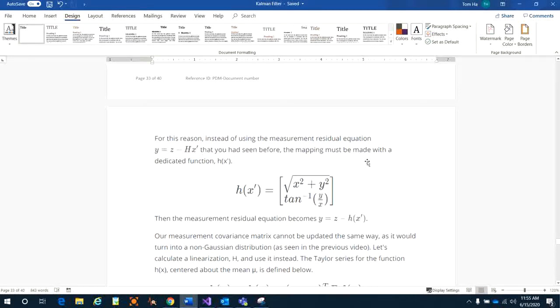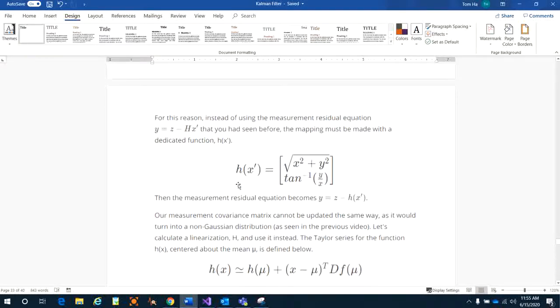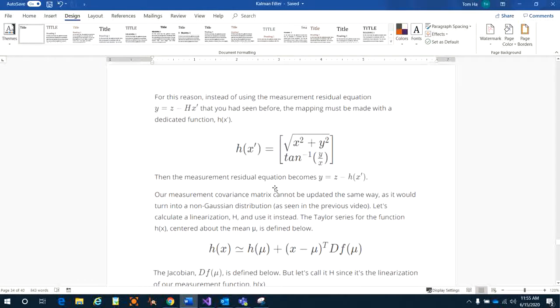And after that, now we apply the Kalman filter equation. We have y equals z, the measurement. In the Kalman filter, you have the arrows between the measurement and the state prediction right here. Right now we don't have the matrix H anymore; we have the function h right here. So the measurement residual, meaning the error, equals z minus h of s, right?